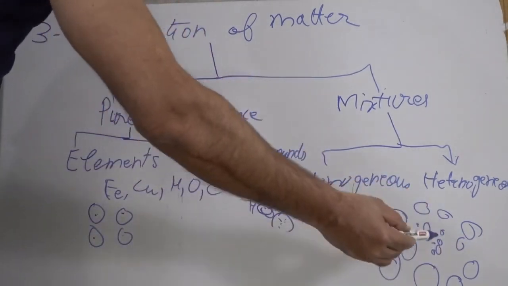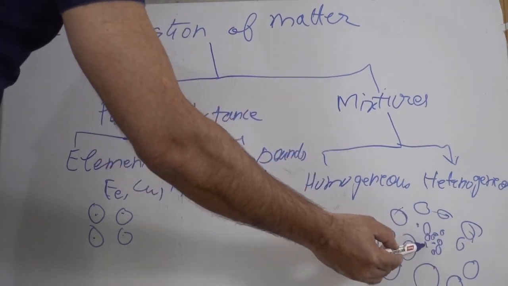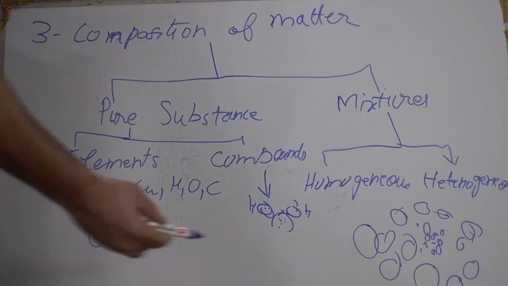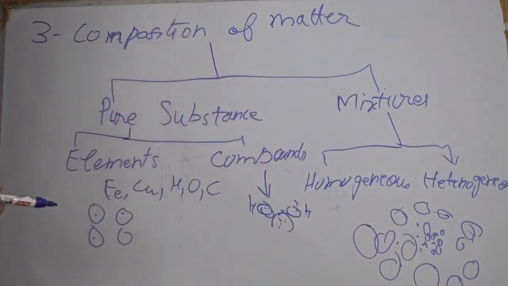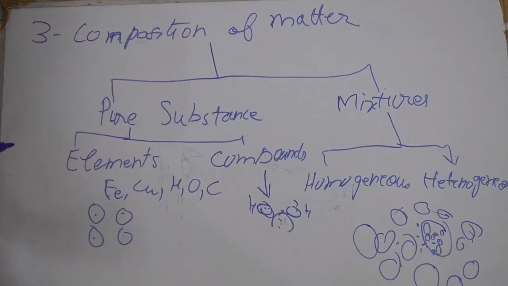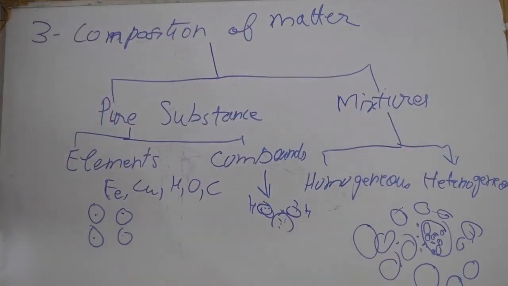Here these molecules of one type, and here the second type of molecules, are not evenly distributed. That is why this is a heterogeneous mixture. And this particle size may be small or big. Depending upon the size, we further categorize heterogeneous mixtures into colloids or suspensions, which we shall study later.